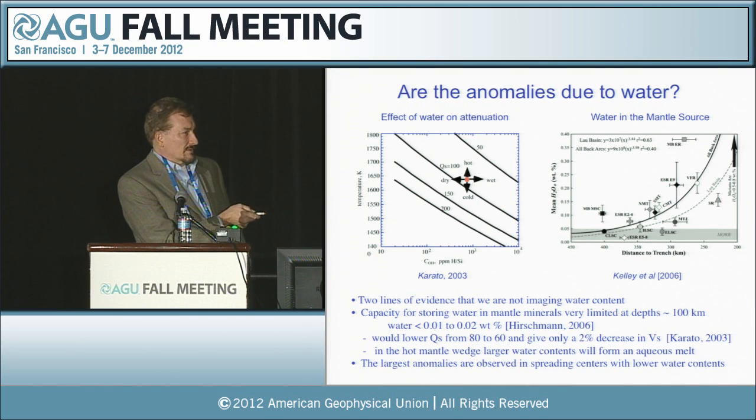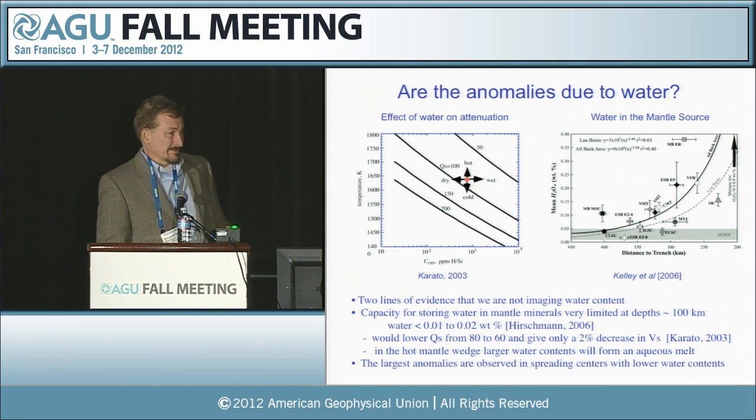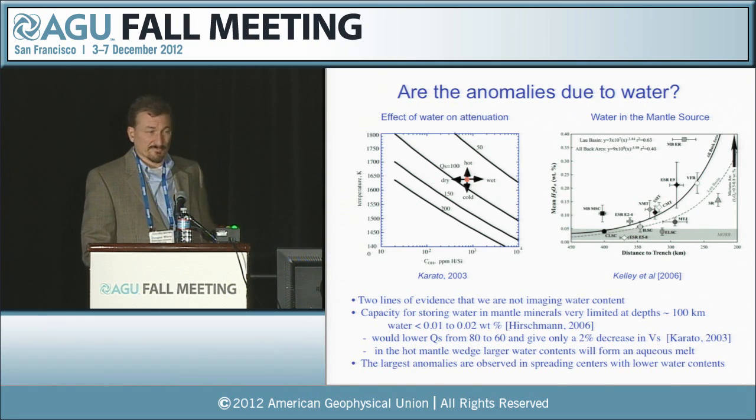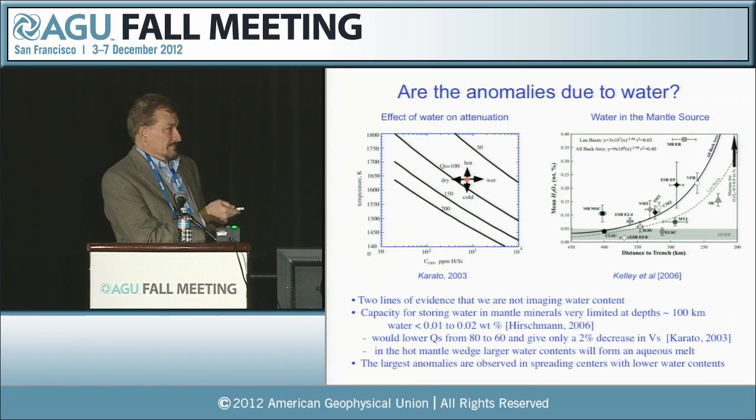If you have more water, the mantle wedge is hot, and so these higher water contents would form an aqueous melt, which is what we observe, I think. So we're observing melting.